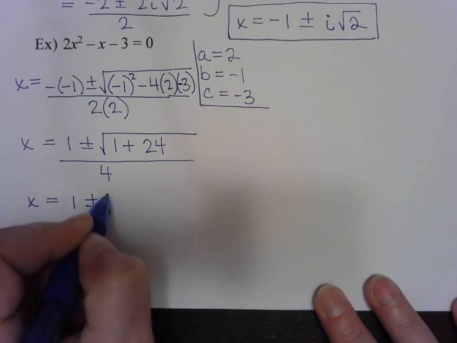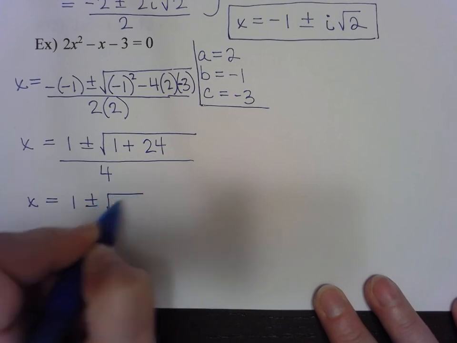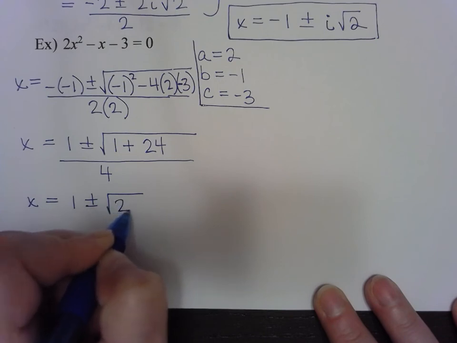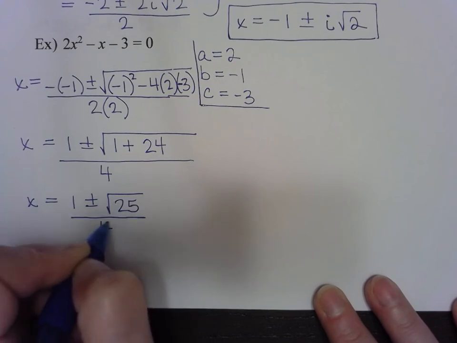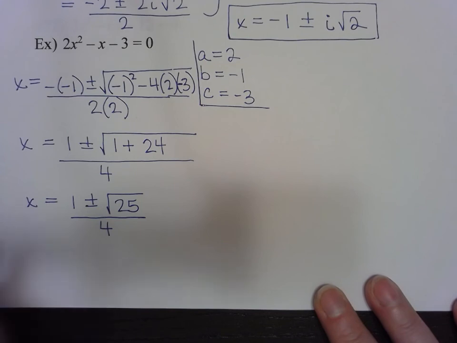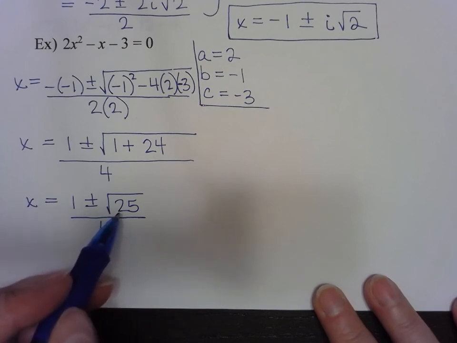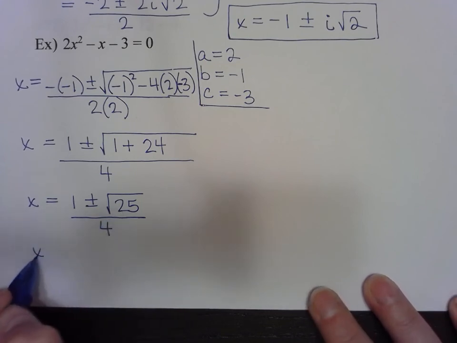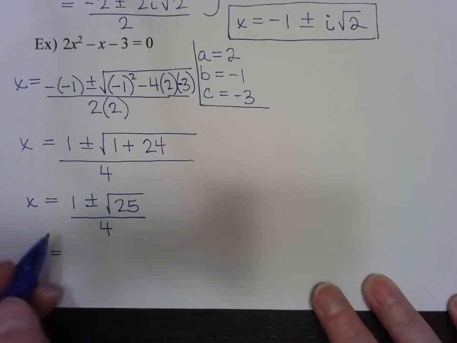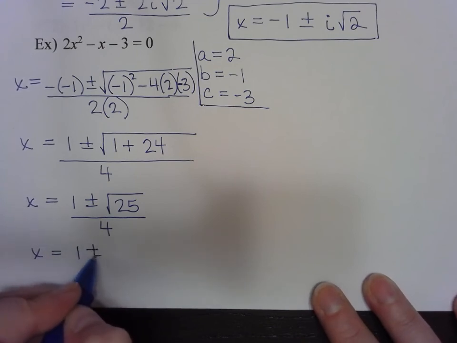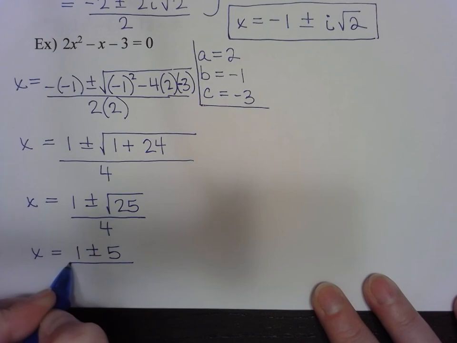So that's 1 plus or minus the square root of 25 over 4. And I don't know about you, but I'm starting to get excited because I know that's a perfect square, so this one's going to work out really nicely. So that's 1 plus or minus 5 over 4.